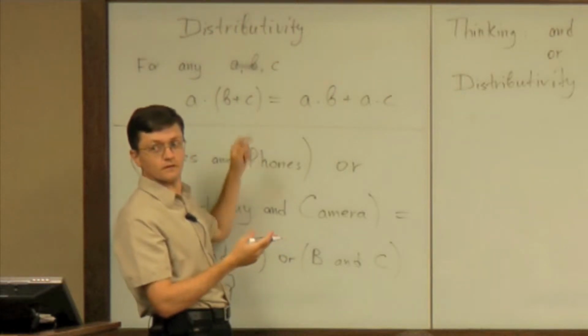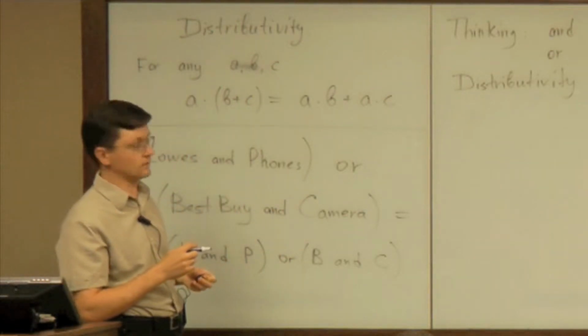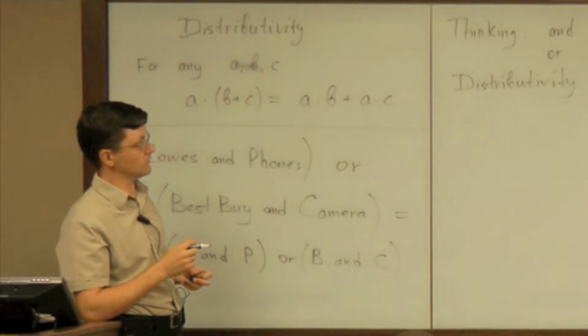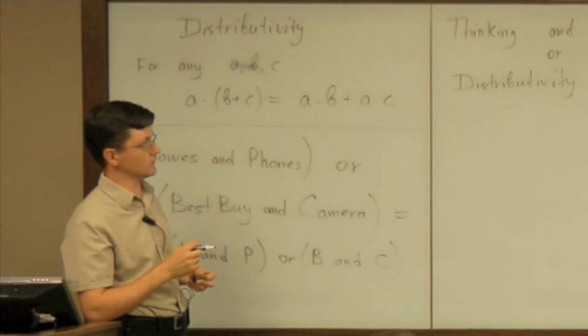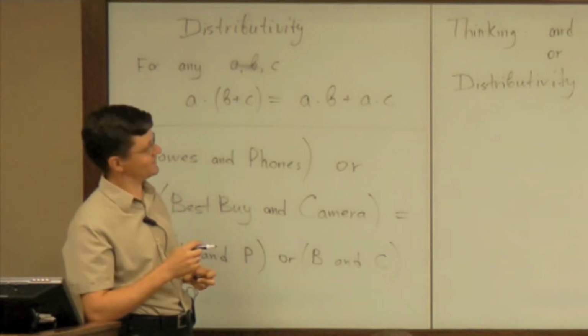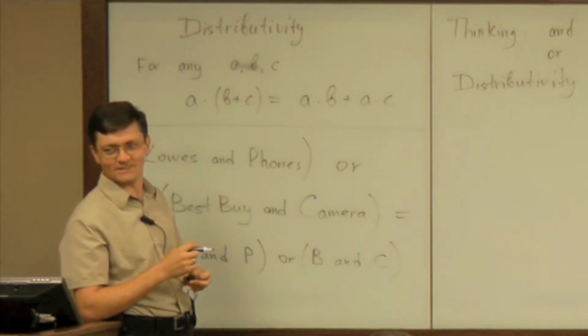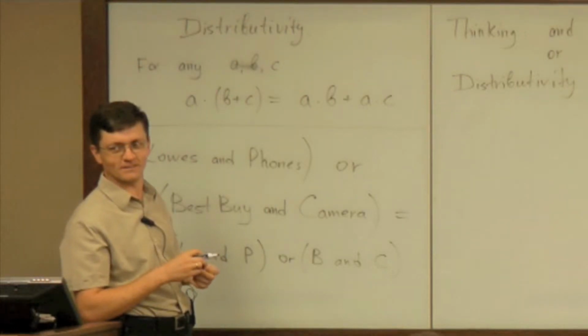Before we move on, are you sure you don't have those reversed? The plus and multiplication, addition and multiplication? Good question. Yeah. I don't know. From a logic design perspective, they are reversed.